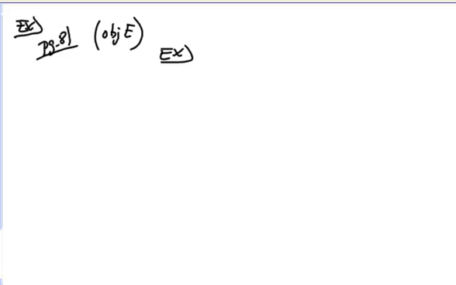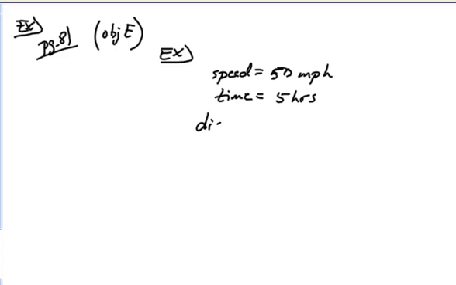If I tell you that we have a car going at a speed of, what was it, 50 miles per hour? 50 miles per hour. And we know that it traveled at that speed for a time of 5 hours. Can you find distance?